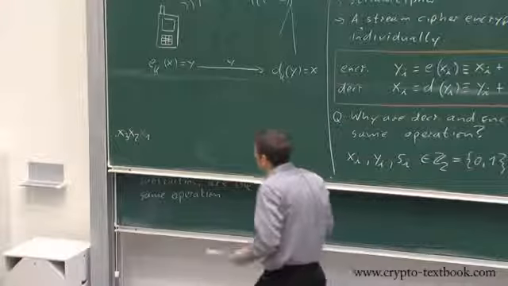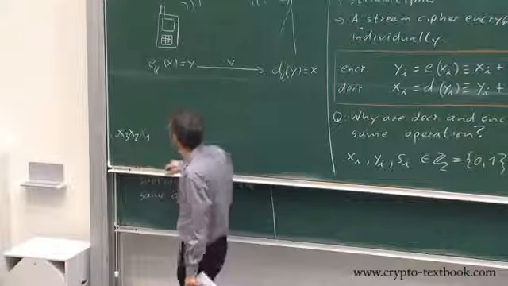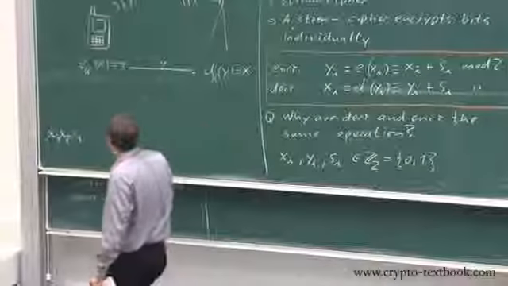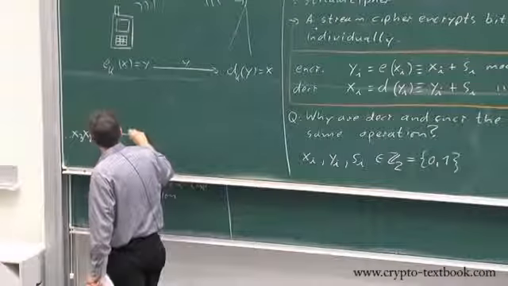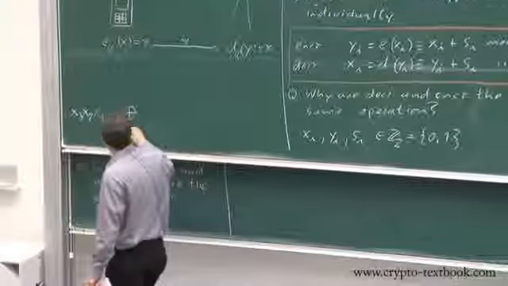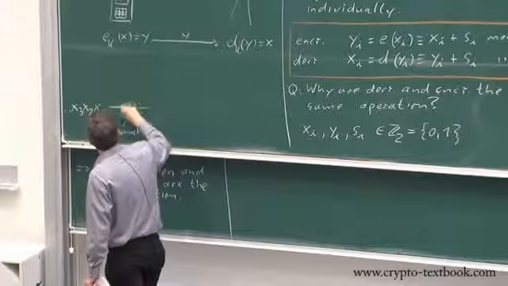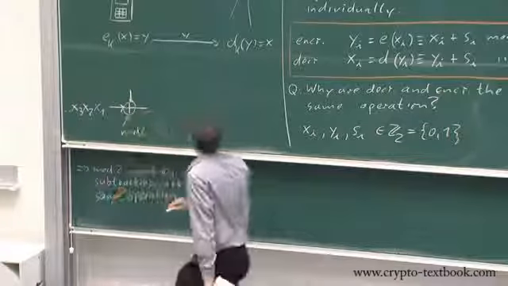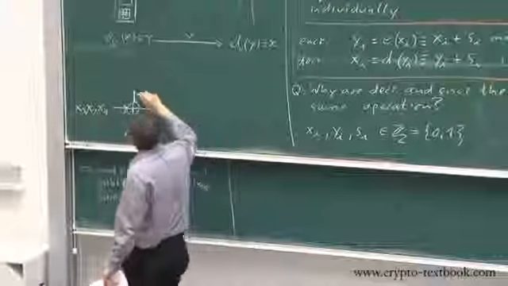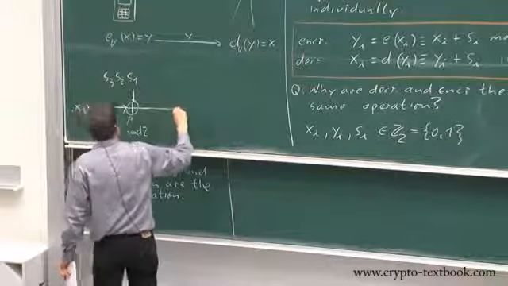So my voice is going to be a series of bits x1, x2, x3. Now the encryption is a simple modulo 2 addition, and there's a special symbol for that, a plus symbol with a circle. This means modulo 2 addition. So what do we add? We take my voice bits and add this key stream, the key si. So you add s1, s2, s3, and so forth.